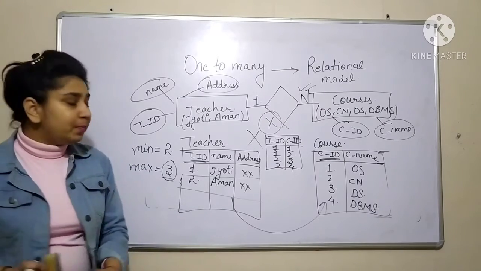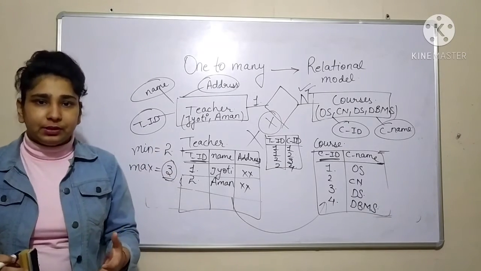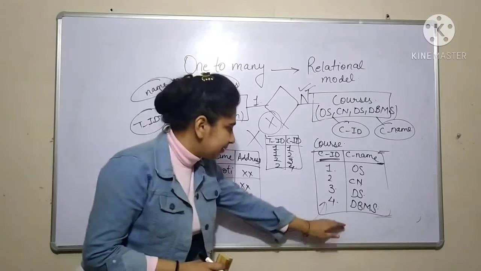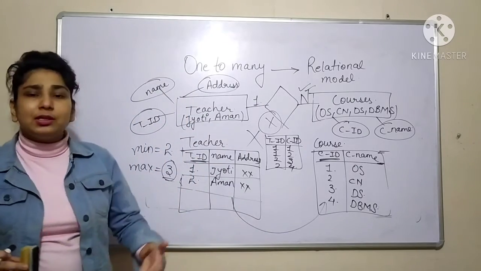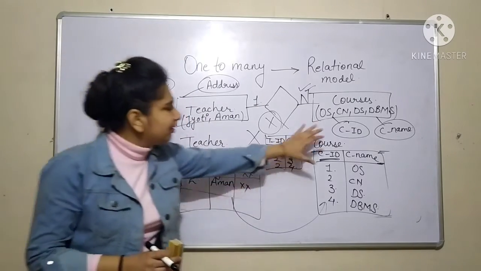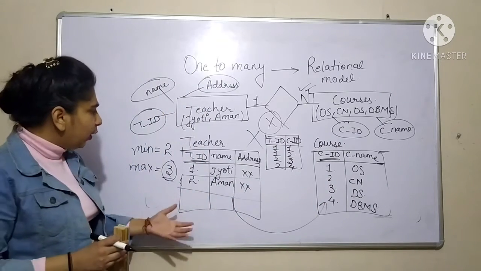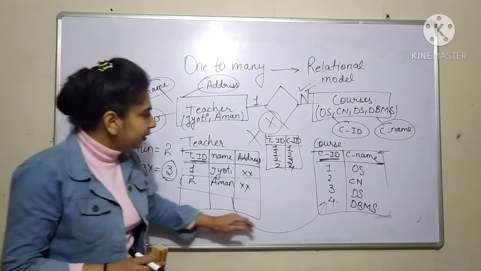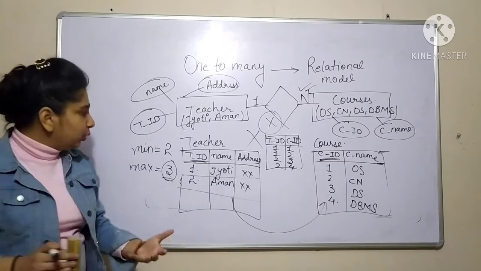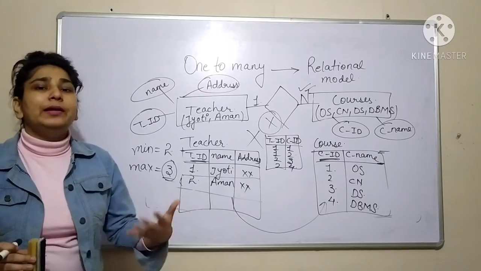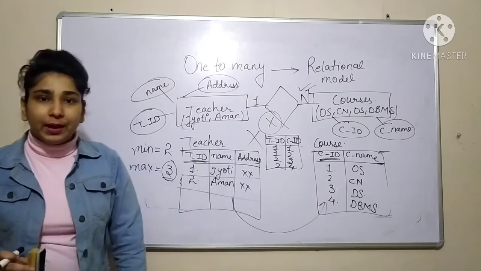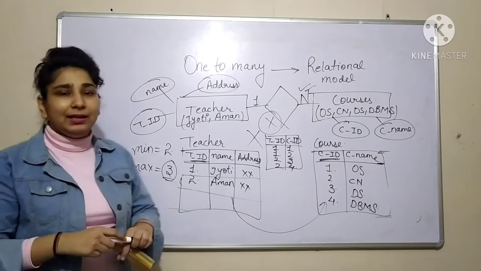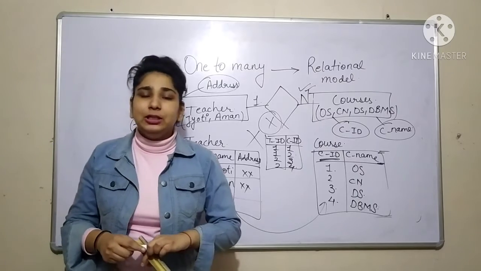With just the common attribute, we are going to make the relationship between these two tables. If you don't use the common attribute, then these are two separate tables. We don't know which teacher is teaching which course. When you use the common attribute in both the tables, then we get to know which teacher is teaching what kind of course. I hope you are clear with the conversion of a one-to-many relationship into the relational model.